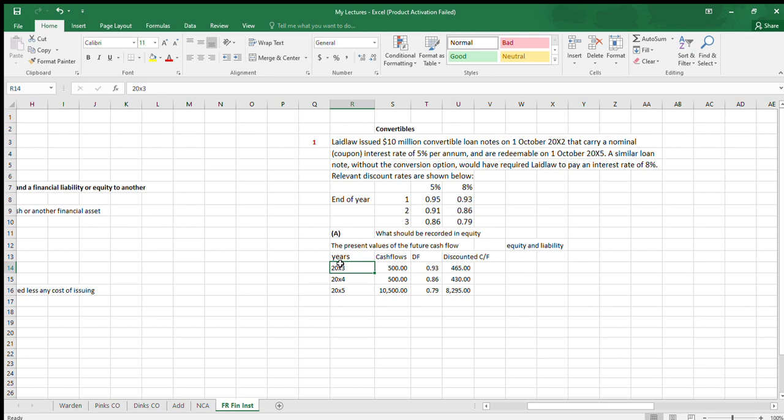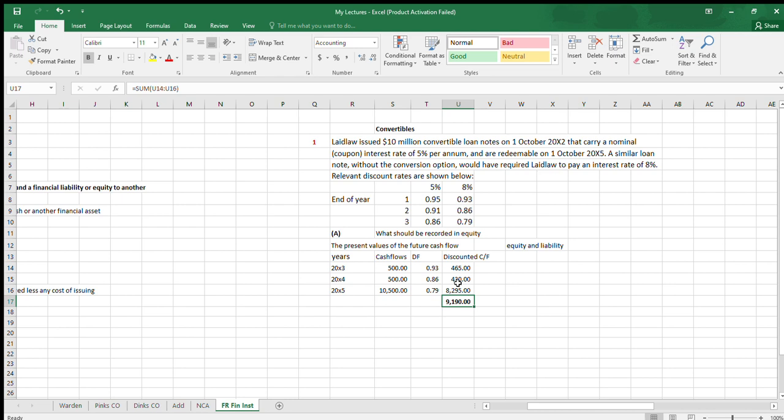Now what you need to do is to add it. We have 9190. So this is our 9190.